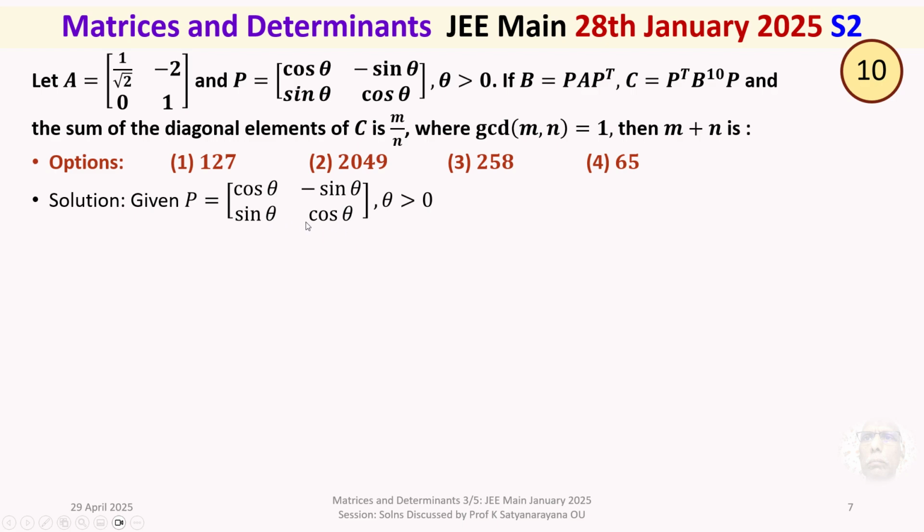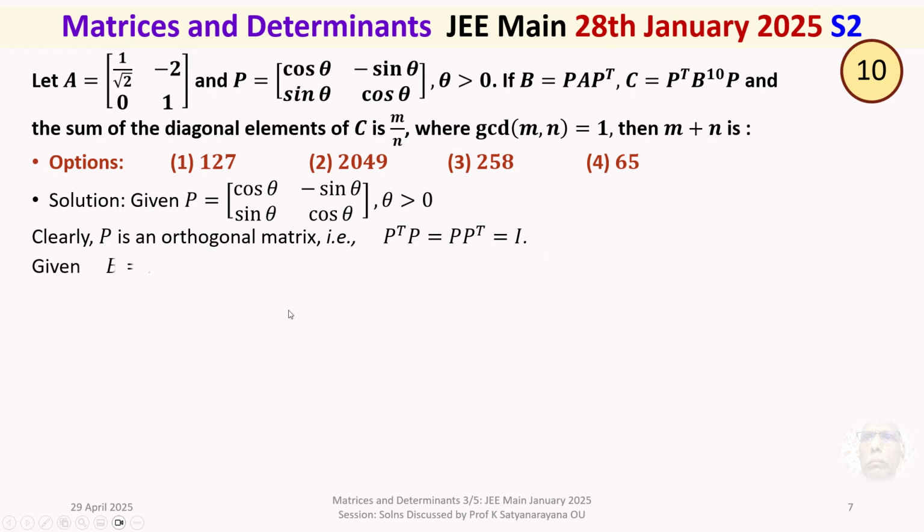This is also true for columns. Such a matrix is called an orthogonal matrix. The property is P transpose P is equal to P P transpose is equal to identity. It means that the inverse of this orthogonal matrix is P transpose. Clearly, P is an orthogonal matrix.